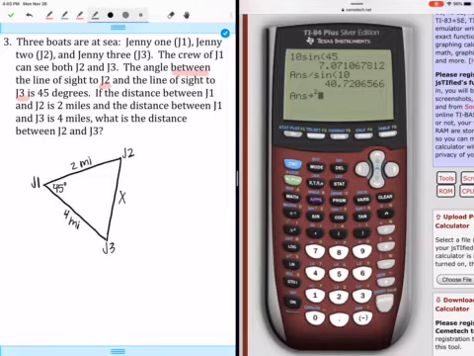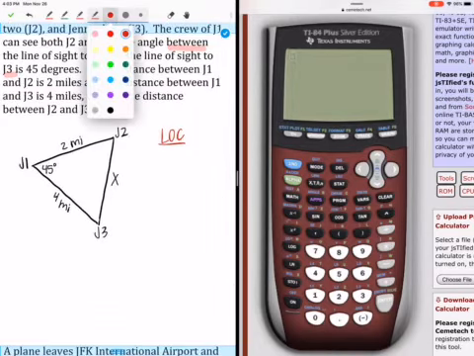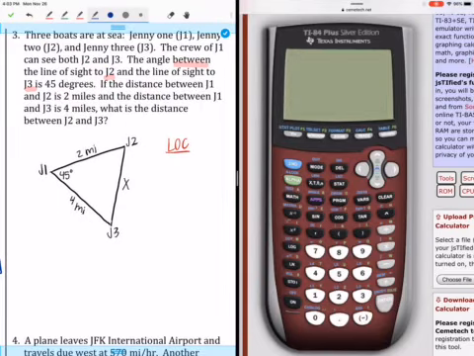Alright, so in this case we only have one angle, and the angle that we have is across from a side that's missing. We do not have enough to make a pair, so I know that means I'm going to have to do law of cosines. On the outside we have our missing side, and then set up law of cosines with the two sides we do have, since we have a side angle side setup.